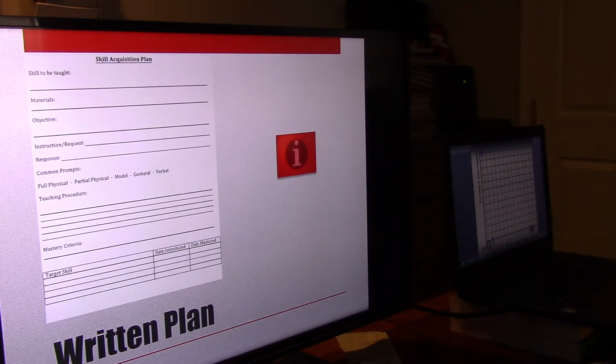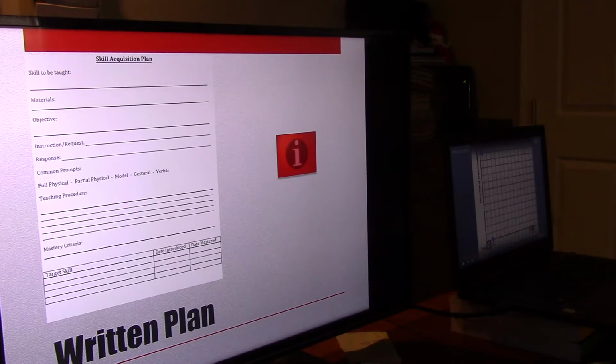Now I need to make sure it's across 3 days with 2 different people to make sure that it's actually mastered. If it is mastered, then I write that the data was mastered, and then we go to the next target. The graphing definitely helps, because if you're just looking at data sheet after data sheet, they all look the same. This at least is easy to read. You can look at it very easily and say, this is what happened today on this day.